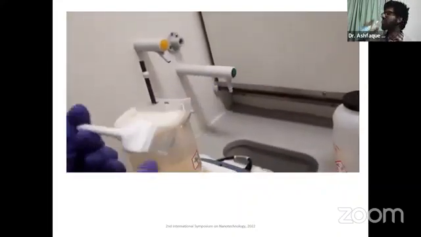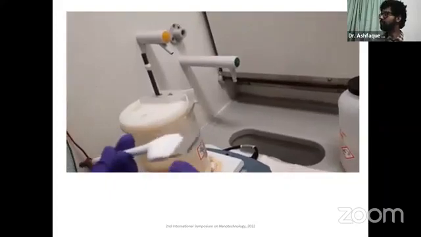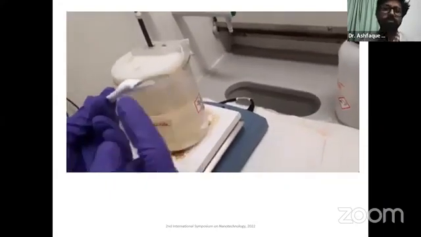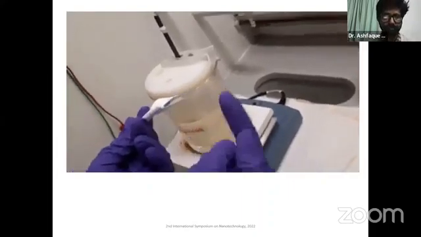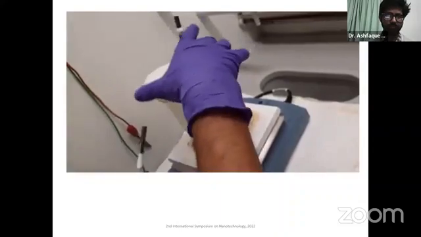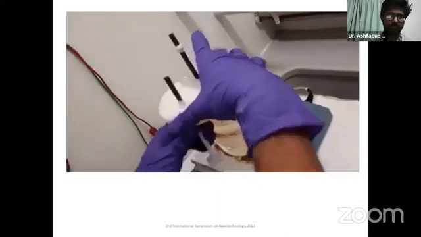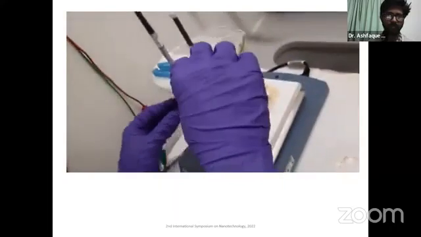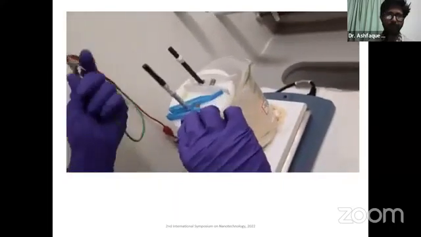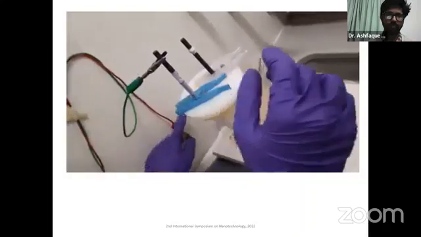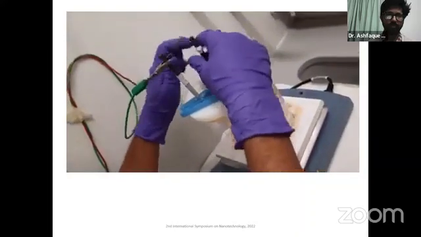So this is our cathode, and on top of this FTO glass, we are going to grow our sample. We are going to attach this electrode to the cathode. This is the cathode, and this is our anode.